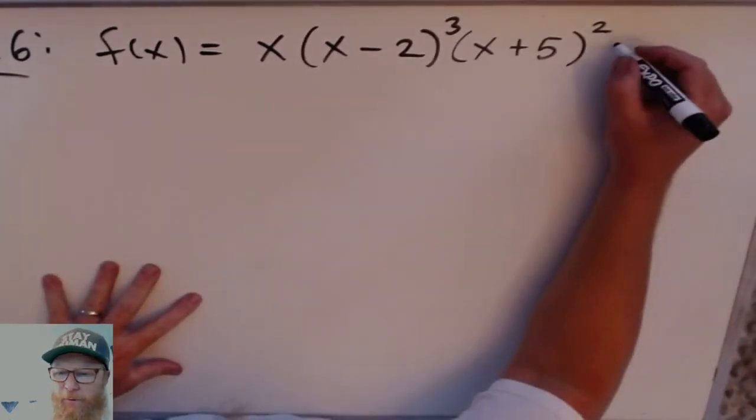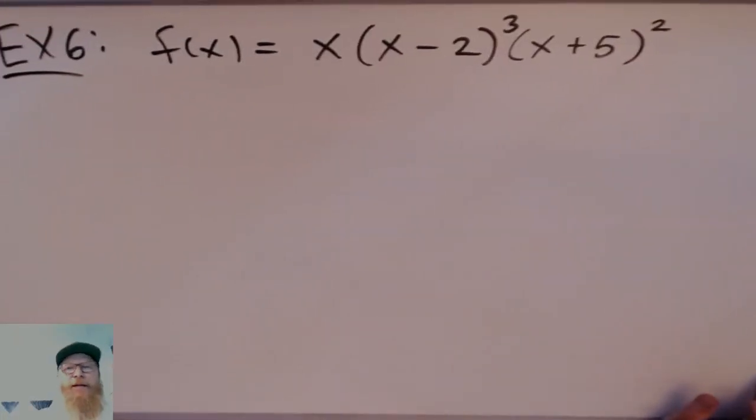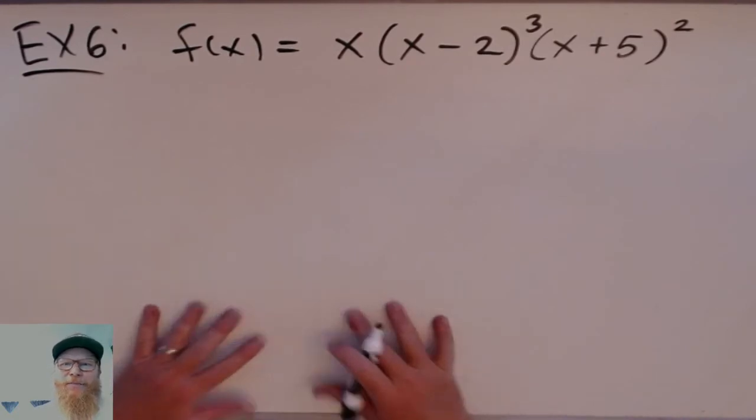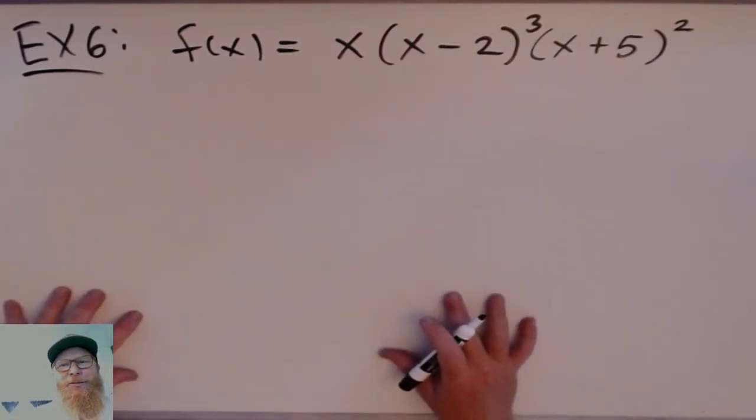What the heck? Let's do one more. No, we won't. I don't want to make it too messy. Sometimes I'm tempted to put in too much stuff here. We'll see how this goes.